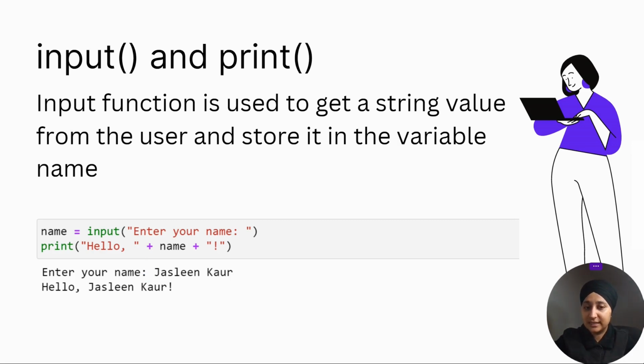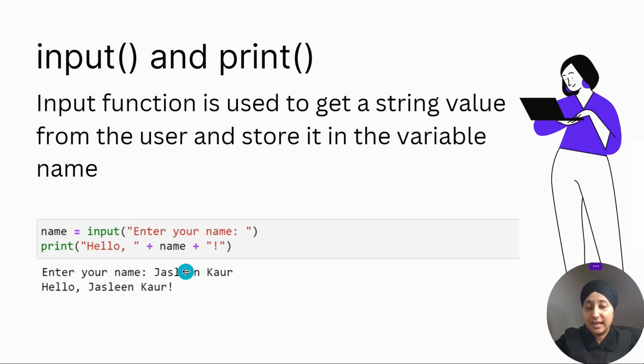So I'm typing here Jasleen, this is my name. You can give your name as well on your side. Run this code and you can give your name on your side, and the print statement will print hello. Then we are using the plus symbol here, then name. So make sure that if we are using the plus symbol, everything should be a string value. If one is a string, everything should be a string. If it is not a string, you can convert it to a string, and whatever comes into the input function is already a string.